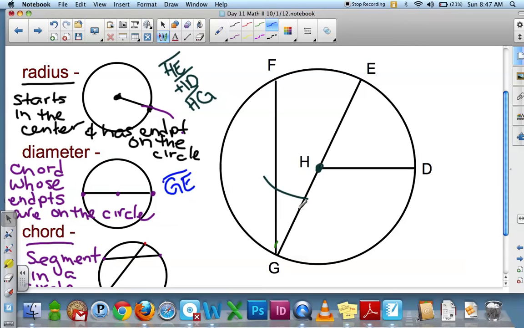A chord is a segment that has its endpoints on the circle. Looking at this particular figure, G to E, isn't that a diameter but also a chord? And then our last one is going to be what? G to F. At this point, if you want to stop and pause and ask any questions, you can go ahead.